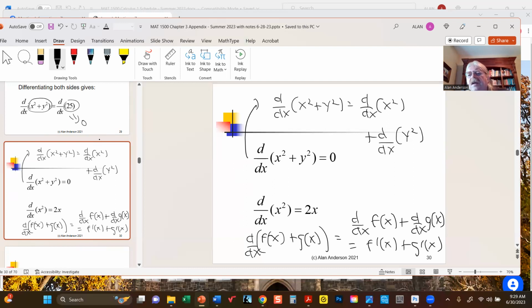And the same thing is true here. Even though this one involves a y, we're still differentiating both of these terms. Now, clearly, the derivative of x squared is just 2x from the power rule.